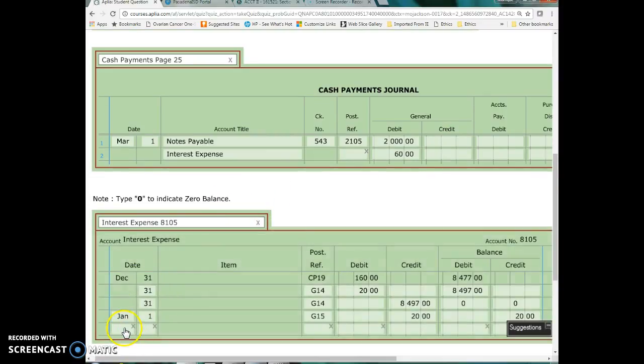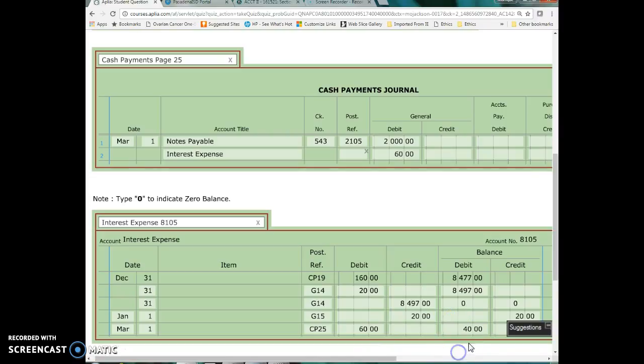Then interest expense. March 1st. CP 25. Same page from when I slid over a minute ago. Debit entry of $60 with a credit balance, $40 difference.